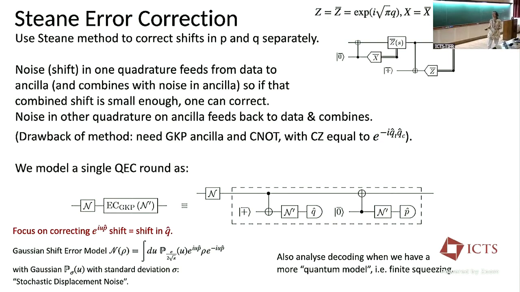Okay, so this is the idea, and the model is going to be fairly simple because all the errors that feed back I can lump into incoming errors. So every QEC cycle, which means every time I couple this qubit with an ancilla qubit and measure something, I also have a round of incoming errors. I'm going to model these incoming errors with a Gaussian shift error model, a Gaussian distribution characterized by some standard deviation sigma, and there are shifts of strength u according to that Gaussian distribution.